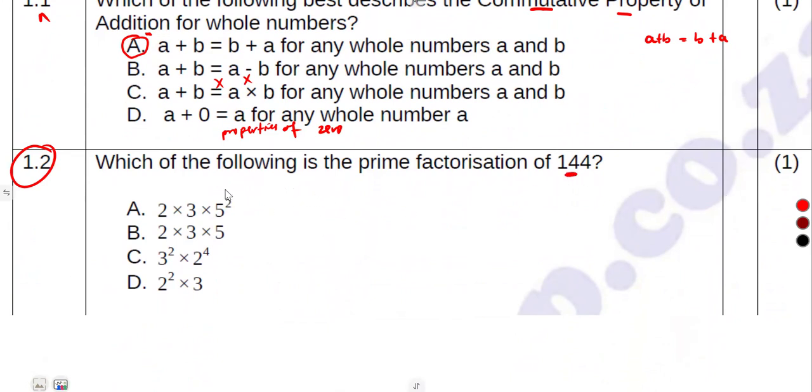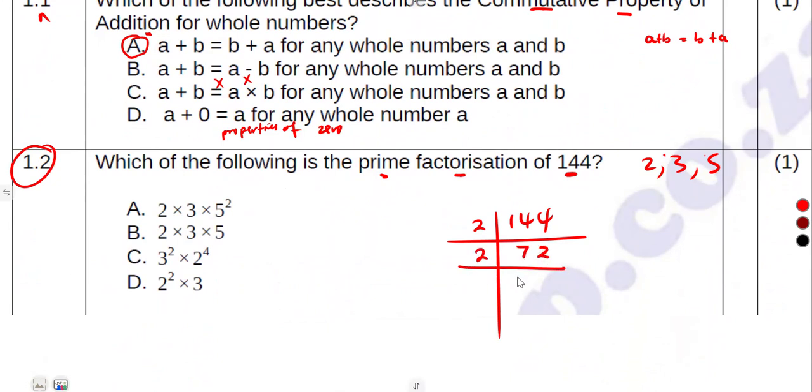Which one of the following is the prime factorization of 144? Prime numbers are 2, 3, 5, 7, and so on. 2 is the smallest one. 144 divided by 2 gives us 72. Divide by 2 again, that's 36. Divide by 2, that's 18.